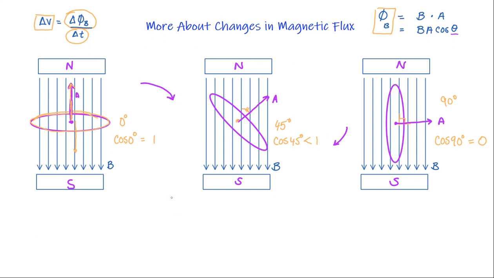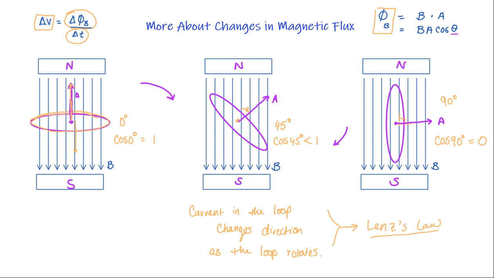So this is what we're going to start to see now: the current in the loop changes direction as the loop rotates. That's a really important idea, and that's what we're going to take a look at in the next video, and that is known as Lenz's law. It's a very important law in electromagnetism, so we'll check that out in the next video.